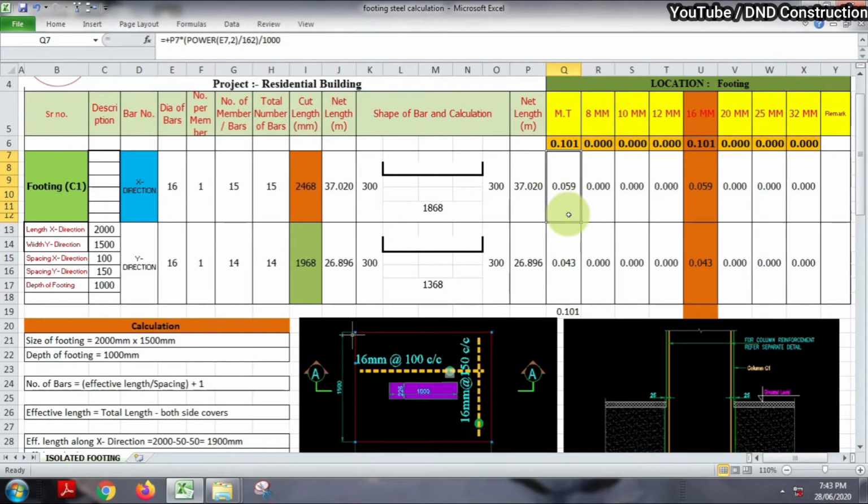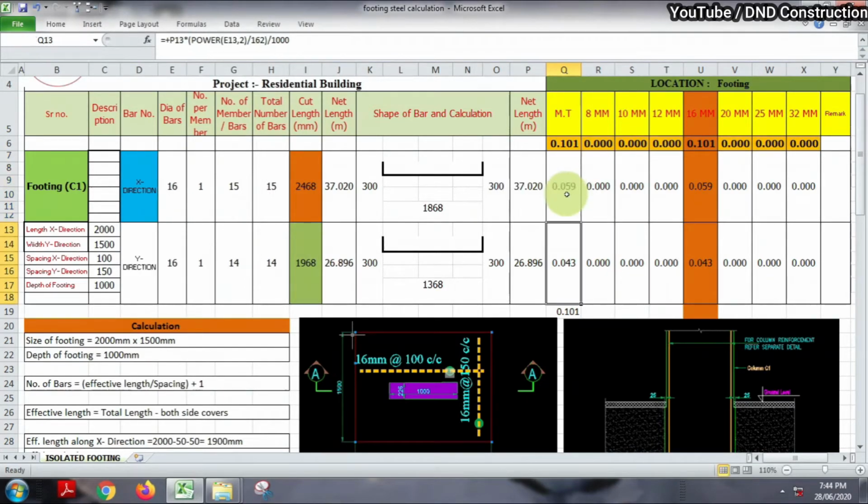How does this value come? As I click, it will show the formula, E7, which is the diameter of the bar: D squared divided by 162. This is the formula to calculate the weight of the bar in kg per meter.